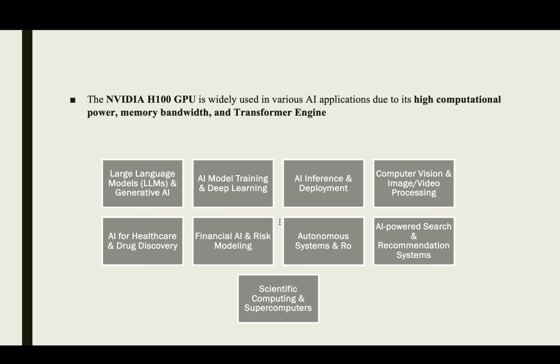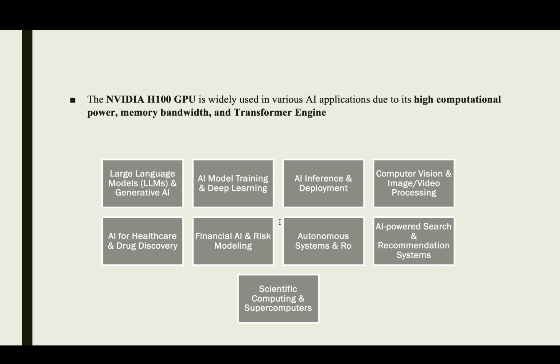Having said that, from an AI inference and deployment perspective, cloud providers like AWS, Azure, Google Cloud, and Oracle use H100 GPUs for serving AI models efficiently. Startups use it for fine-tuning and inferencing LLM models and vision models.